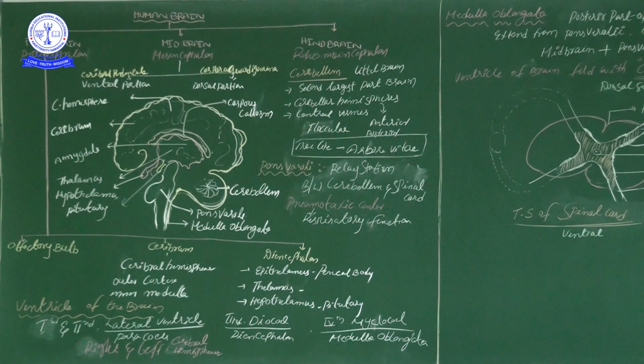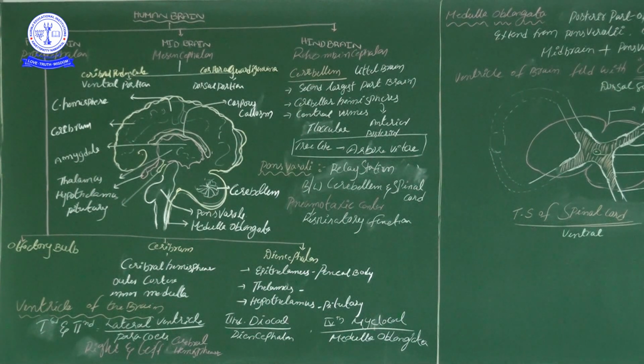Later, pons varolii, another part of the hindbrain. Pons varolii is a relay station. It is located between the cerebellum and the spinal cord. Relay station means any nerve impulse going out goes through this point only, the pons varolii. It is like a checkpoint in a shipyard: whatever comes out comes through that checkpoint.